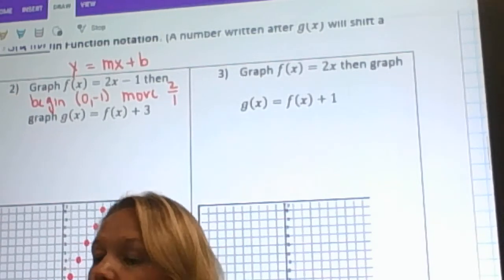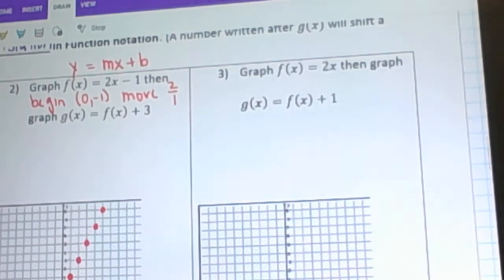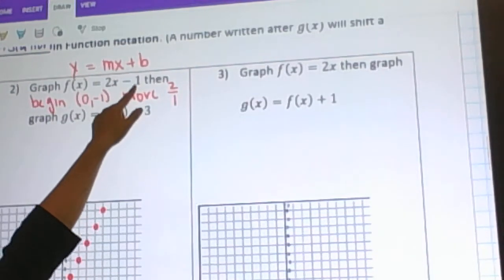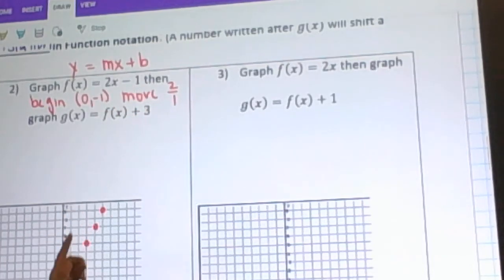So don't switch them out. It's not a direct switch. It's a count up 3. Like if this was -5, this would be -2 because I go up 3 from that -5. So 3 is where you started. You just keep doing the same thing as you did with the first one.